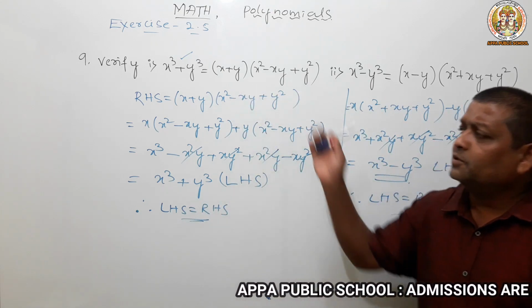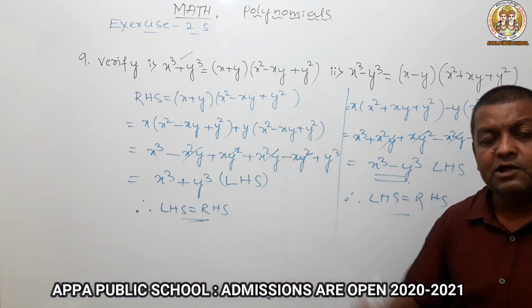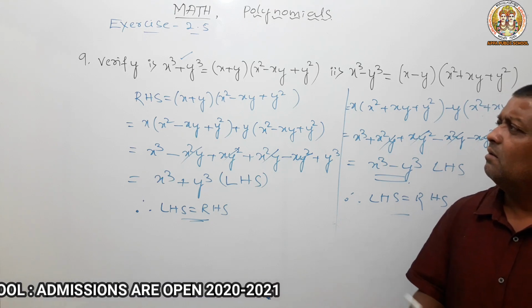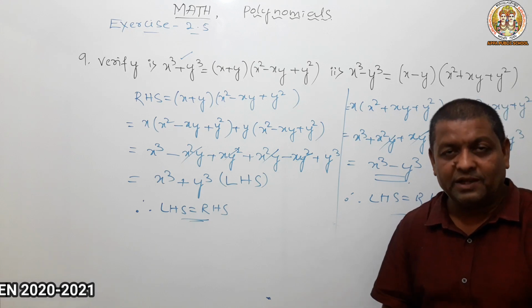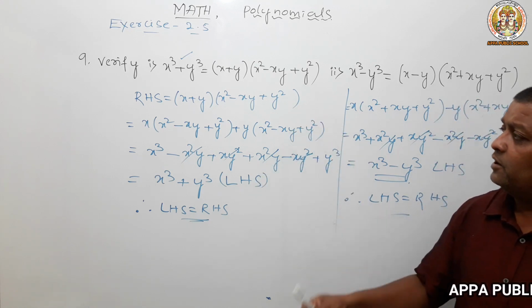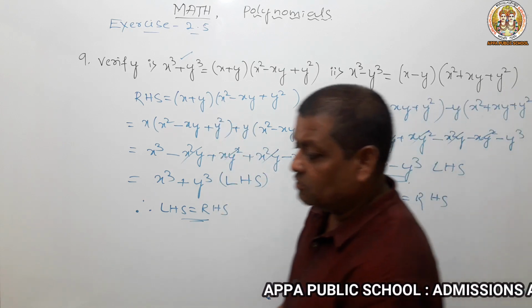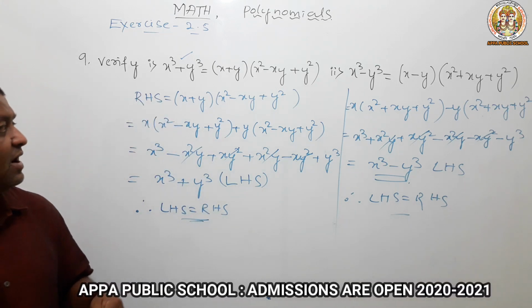So when the time comes to verify, definitely they will give two parts, LHS and RHS. You take RHS and from that RHS you bring LHS, or you go with LHS to RHS. But anyhow we need to show LHS is equal to RHS. So that tells us, yes, we verified.